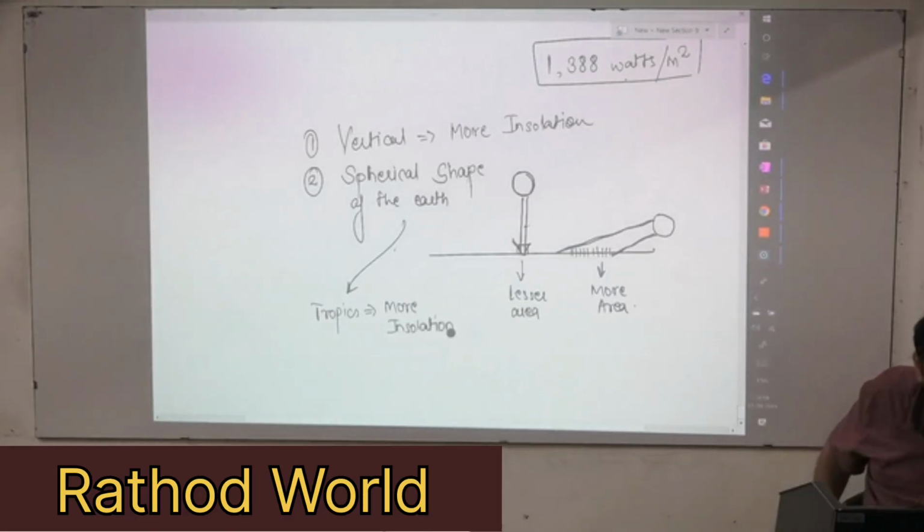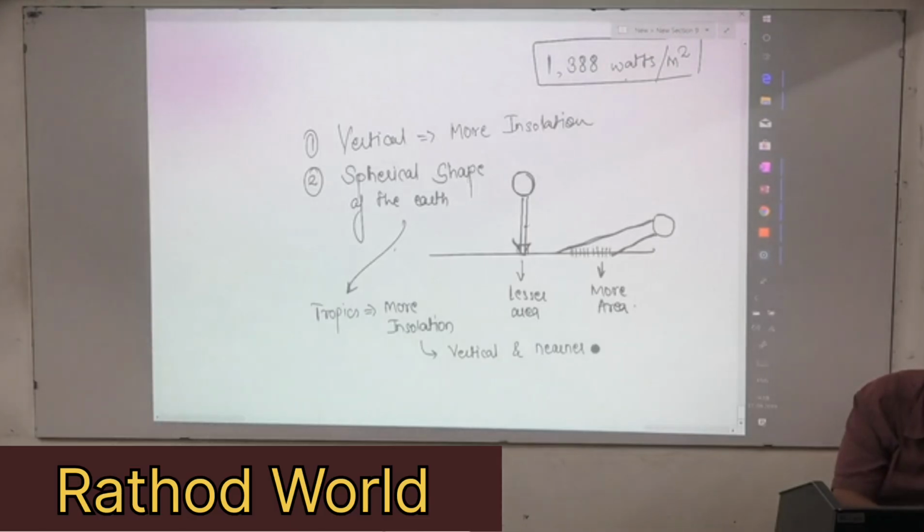Why more insolation? Because it is vertical and comparatively nearer to the sun.